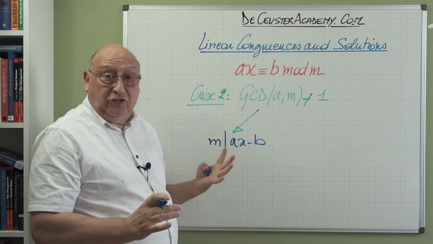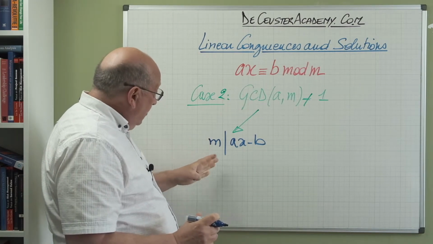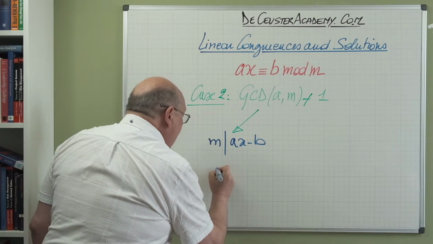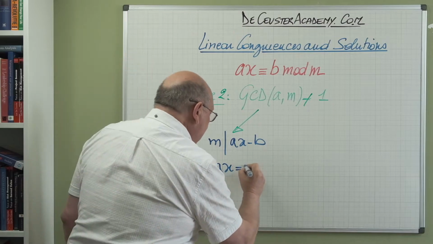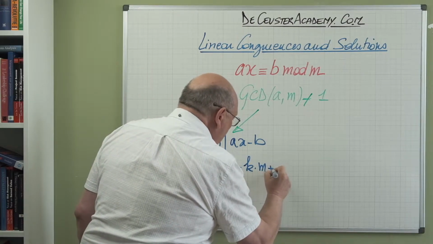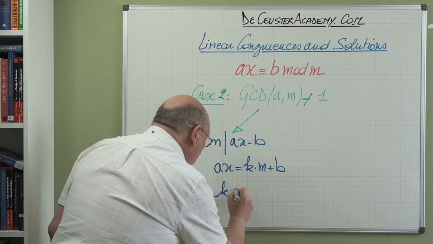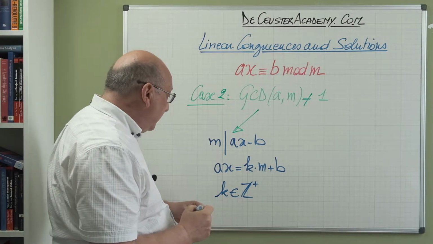This is generally true for all congruences. Based on this, we can say that A times X is K times M plus B, and K is an element of Z plus, the positive numbers here.